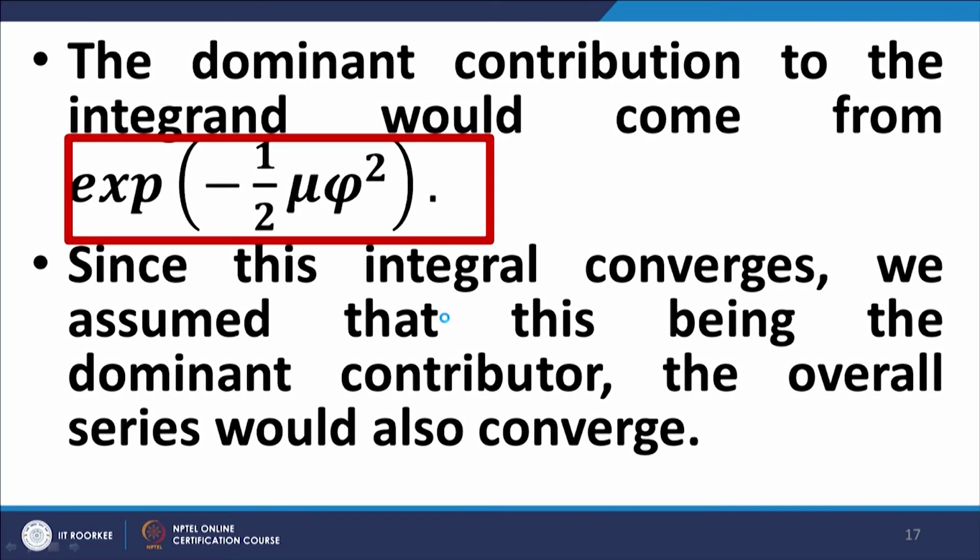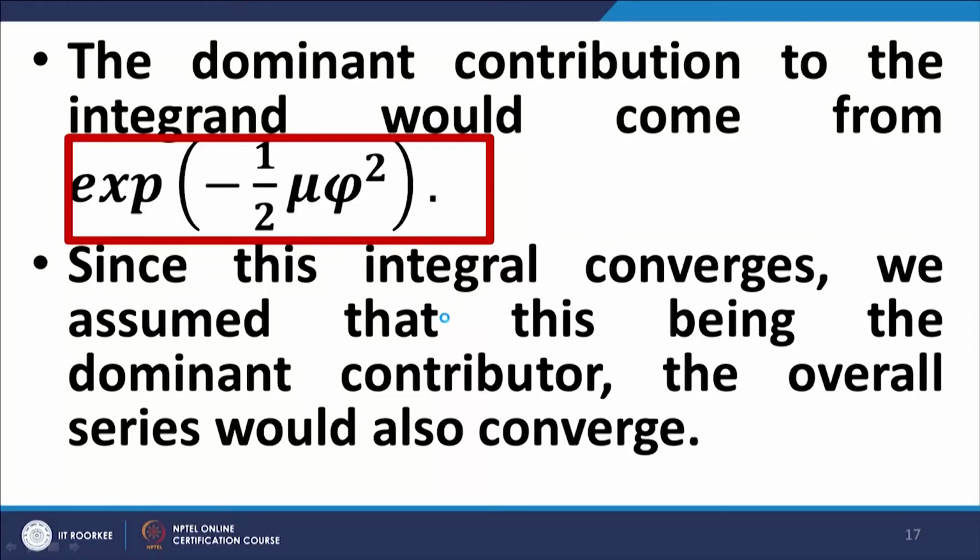Now, we believed that the dominant contribution would come from the expression in the red box, because mu was orders of magnitude larger than lambda. Because this integral converges, it was believed that the character of the overall expression would be dominated by it, and as a result the series would also converge after flipping the integral with the summation.